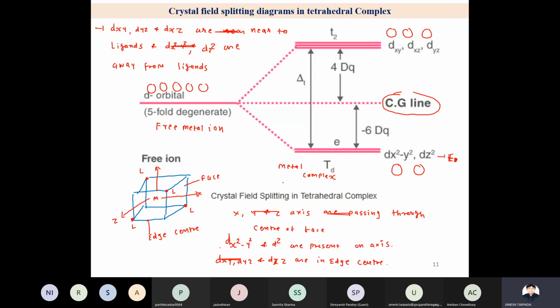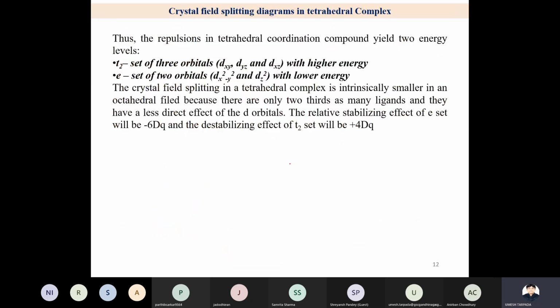So if you compare crystal field splitting energy with that of octahedral, then tetrahedral splitting energy becomes 4 by 9 times that of octahedral. So octahedral energy यहाँ ज़्यादा है. So octahedral energy is more as compared to tetrahedral.